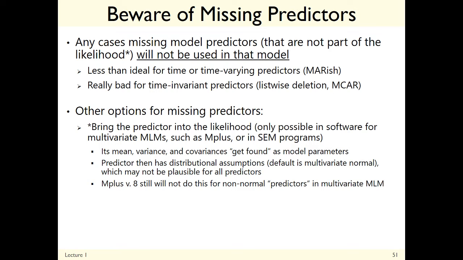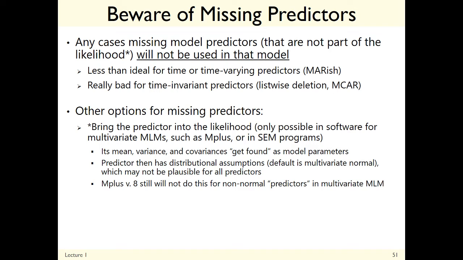I have tried, and as of Mplus version 8, the most current version, it still will not allow you to bring predictors into the likelihood and have them have missing data if they are not normally distributed. If you try to list them on categorical or count or one of the other link function statements, it will not do it. So you can have missingness on predictors if normality is a reasonable thing to assume for them.